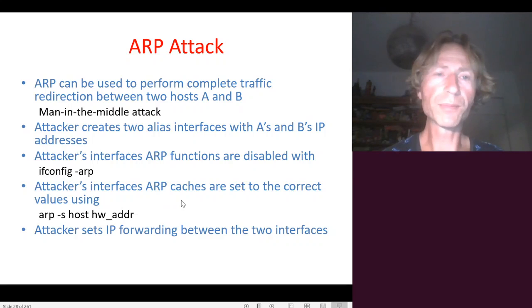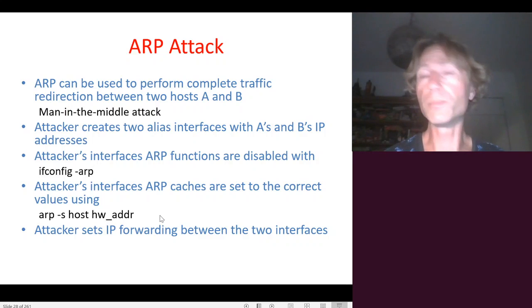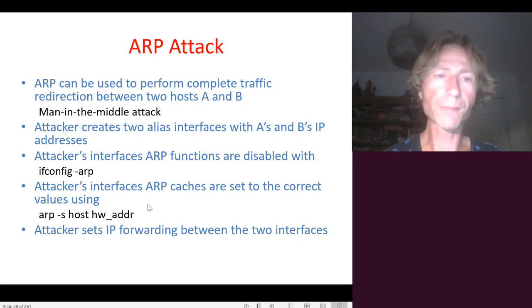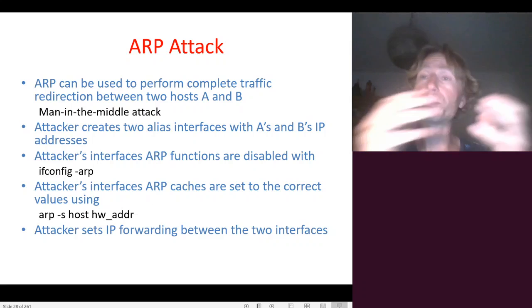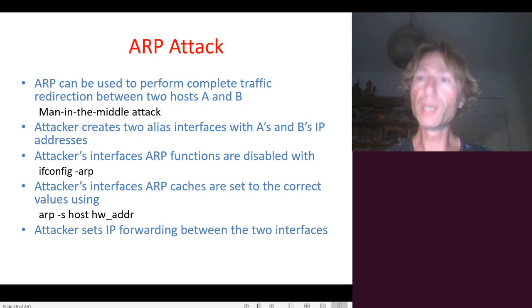And then we set the ARP caches to the correct value using arp -s and then a host and then some MAC address. And by now turning on IP forwarding between the two interfaces, we have the situation that all the traffic will end up on our machine first.